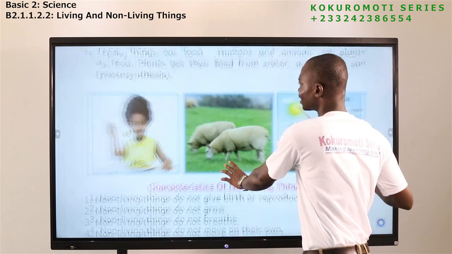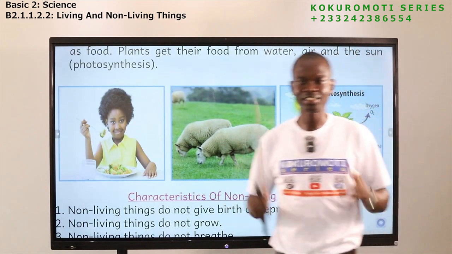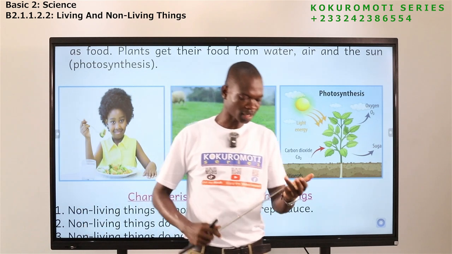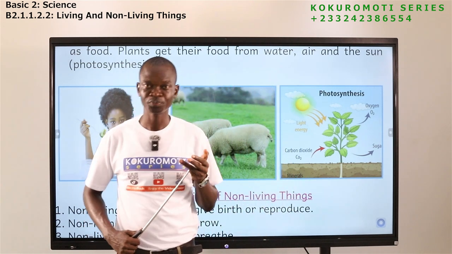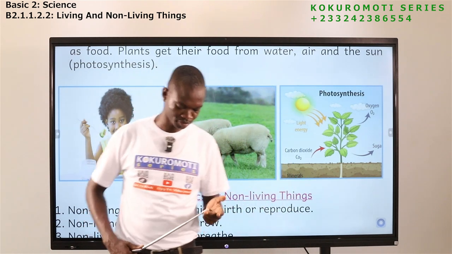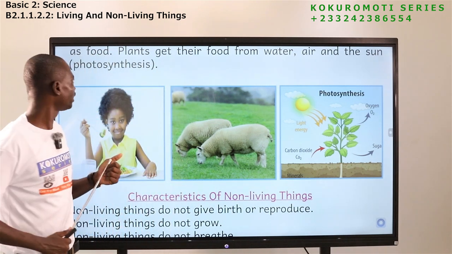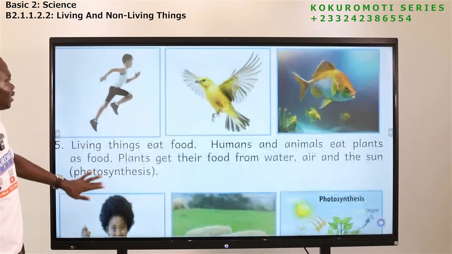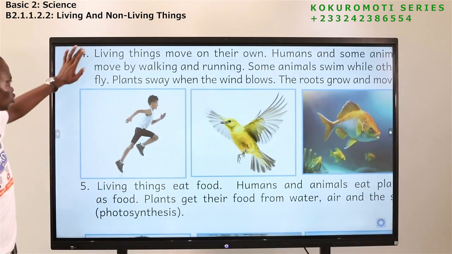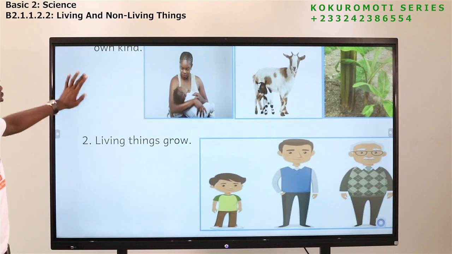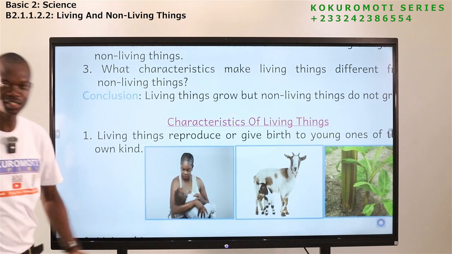So we are saying that living things, what makes us different? The characteristics of living things. We have seen that we grow, we breathe, we move, we eat. We eat what? Food. What again? We reproduce.